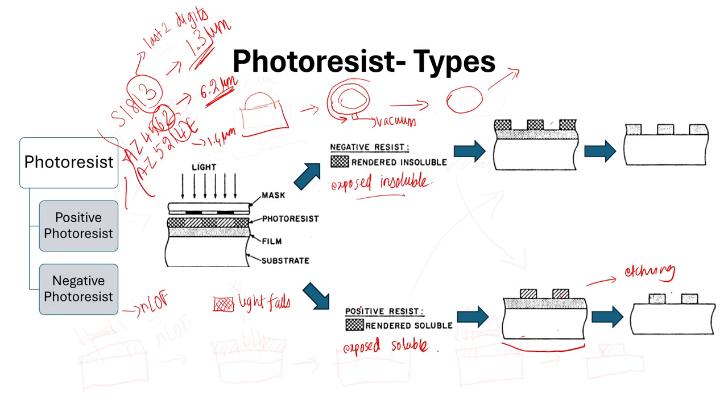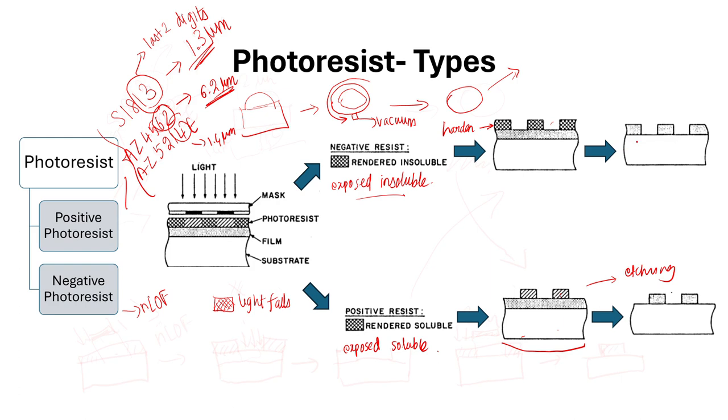I'll repeat this once again. In the case of negative photoresist, this is the region where light is being blocked. If light is falling in all this region, wherever the light is exposed, those regions will harden. Wherever the light does not fall, it will retain the earlier property and easily get dissolved in the base.